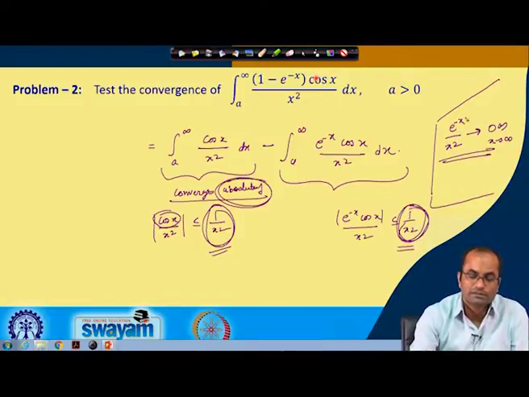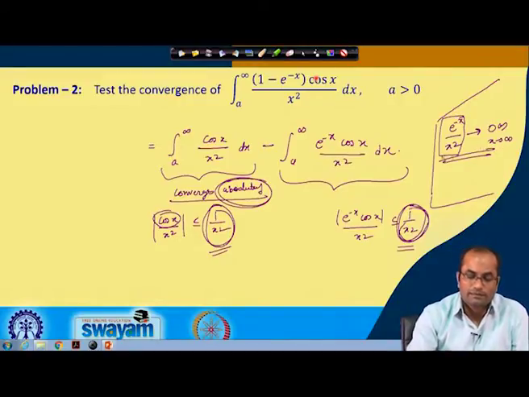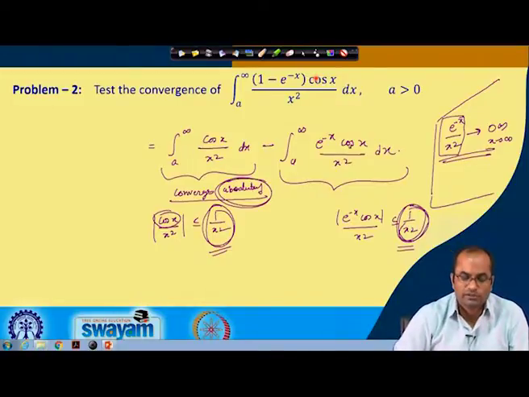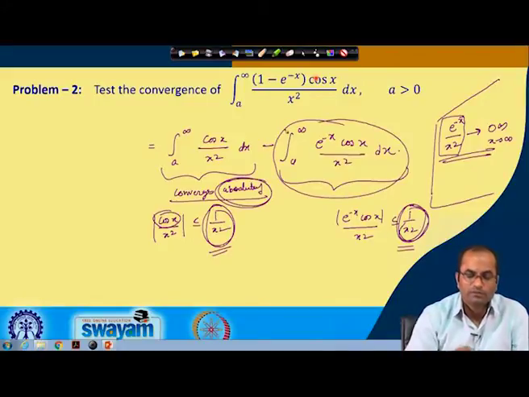So, we have a decreasing function for all values of x, and for cos x, we can again show that the integral from a to infinity of cos x is bounded by 2. So, we can use the Dirichlet test like we have done in the earlier problem. This is similar to problem number 1.